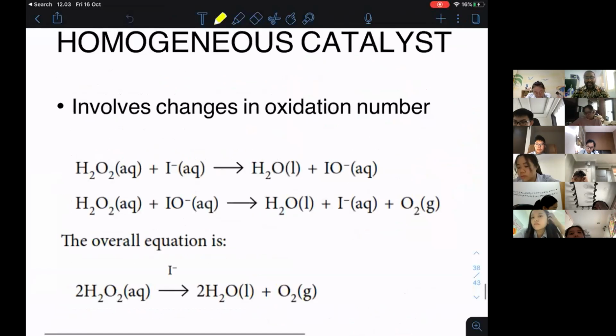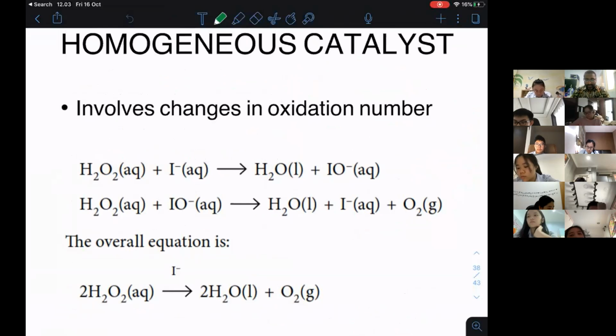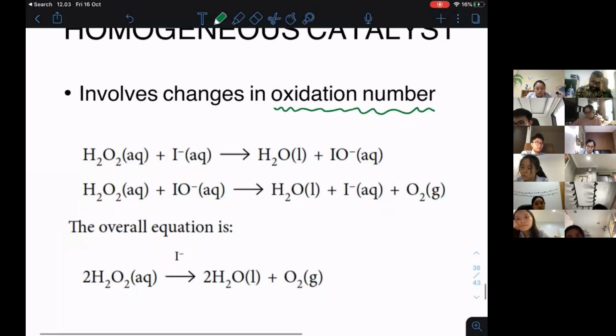Homogeneous catalysts work on the principle of involving changes in oxidation number. That is going to be the principle of it. One of the reactions mentioned here uses I minus.